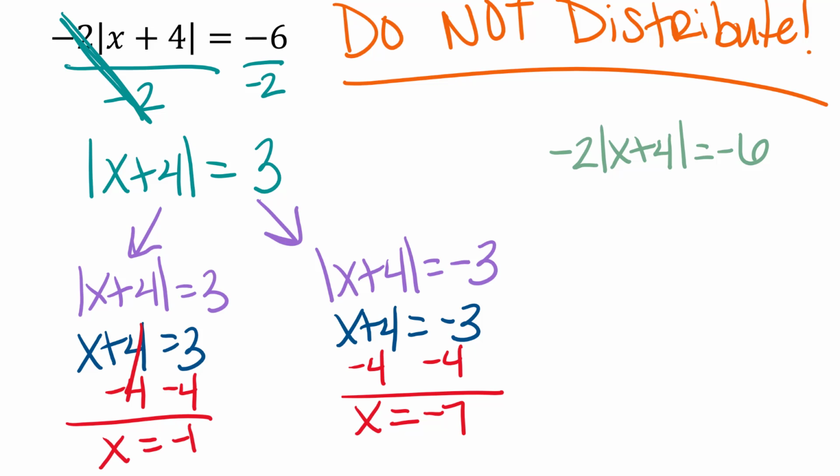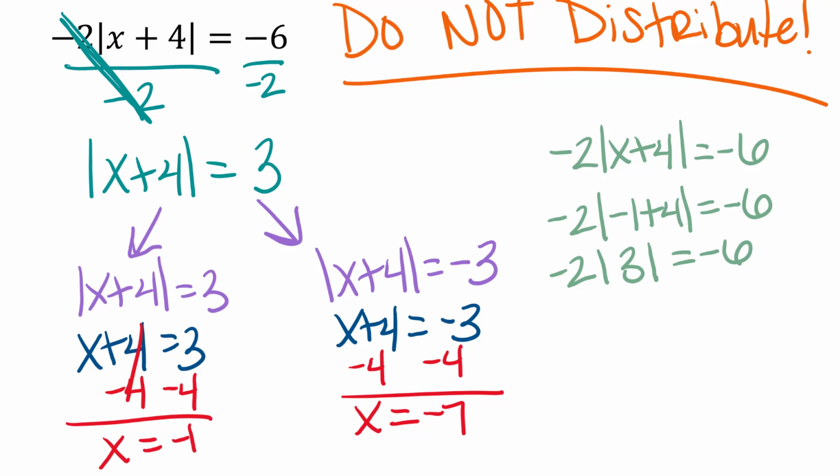So if I have -2 times the absolute value of x plus 4 equals -6, I'm going to replace that x with the -1 that I got. So I have -2 times the absolute value of -1 plus 4 equals -6. -1 plus 4 is 3. The absolute value of 3 is 3.